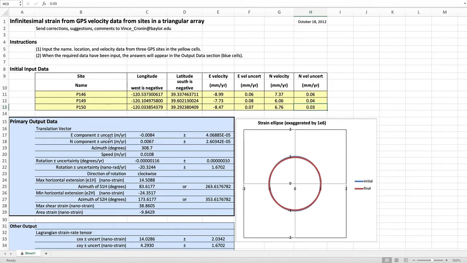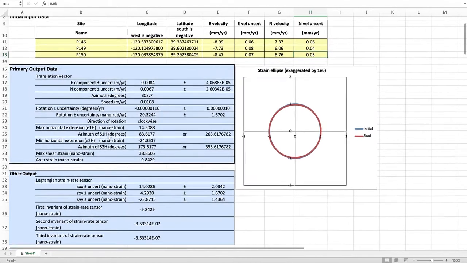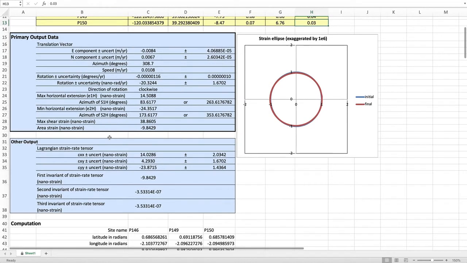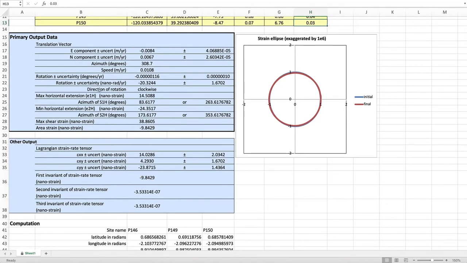Over here in the blue cells, we've got all of our output data: the translation vector, the rotation, maximum horizontal extension, minimum horizontal extension, the maximum shear strain, and the area strain are the big ticket items that I tend to be interested in.